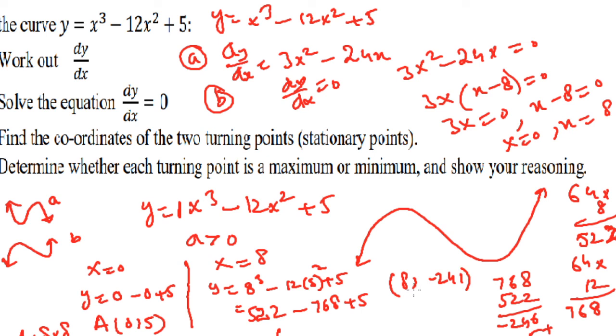Now, one is x equals 0, one is x equals 8. So of course x equals 0 will be here, which is (0, 5), and this point is (8, minus 251). Sorry, I made a mistake here.